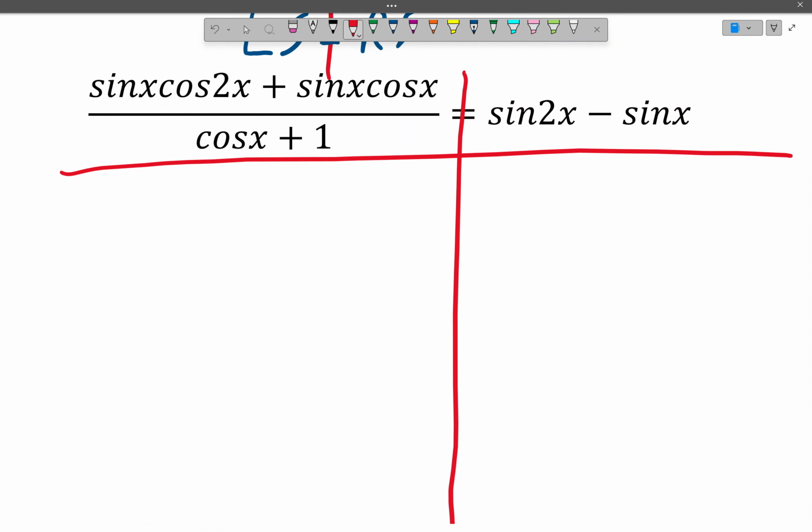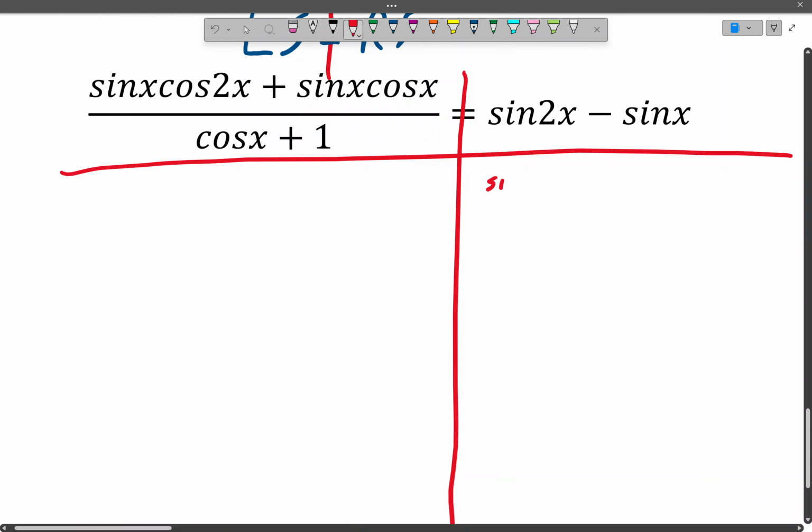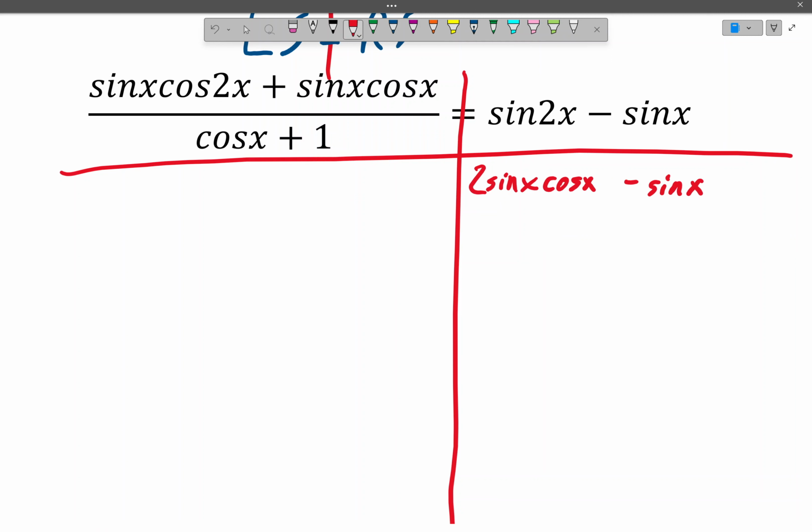All right, you can pause the video now and try this for yourself and see if you get the same answer I do. Okay, so on the right side, it's pretty obvious. We're going to get 2 sine x cos x minus sine x. And now we can take out a GCF, a greatest common factor of sine x.